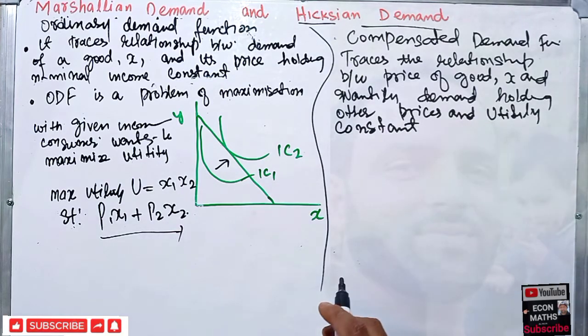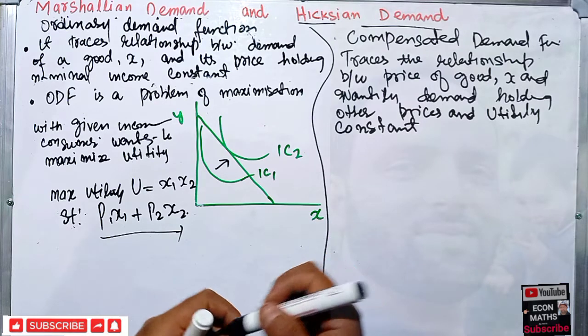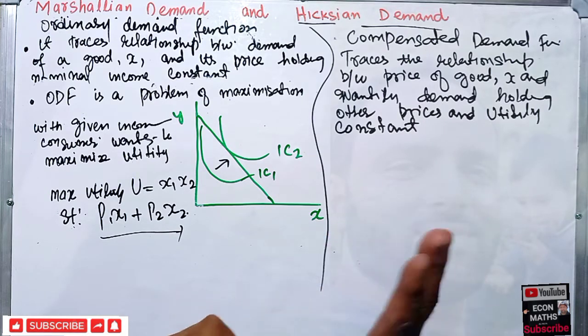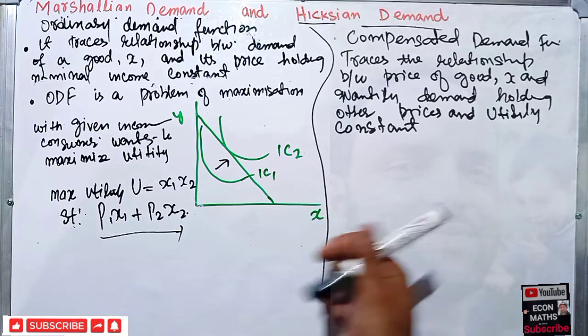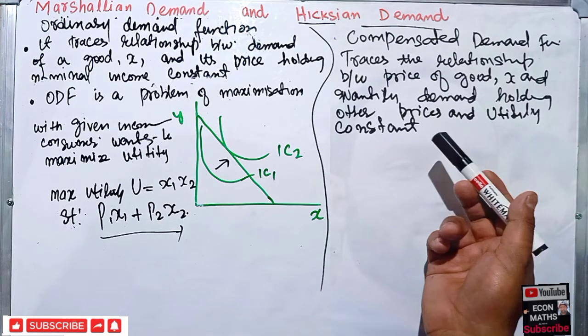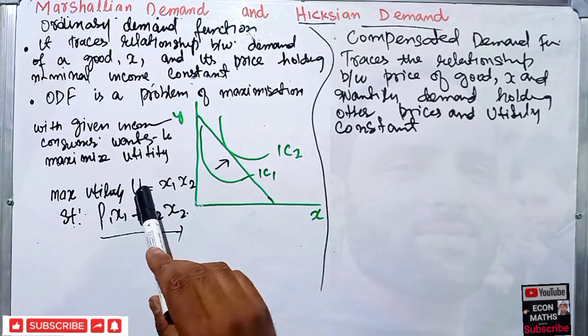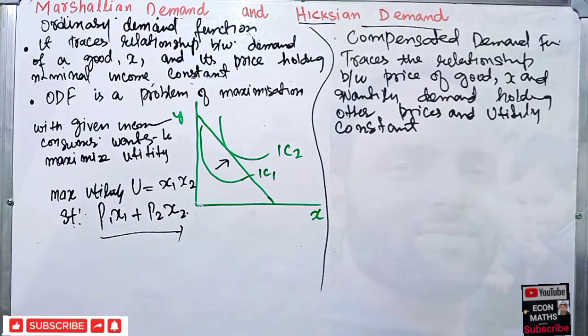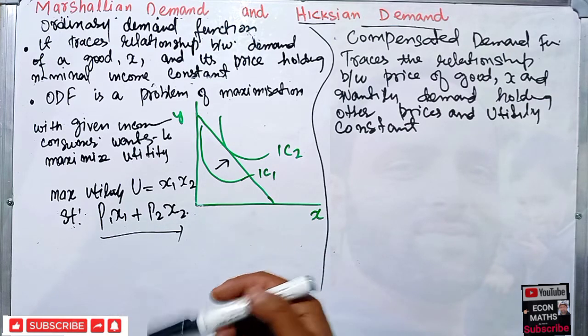Now, what does this mean? The Hicksian demand function, or compensated demand function, simply means we trace the relationship between the price of a good and quantity demanded. In this case, we hold the utility constant. In the Marshallian demand function, we hold the nominal income of the consumer constant, although we allow the real income to vary, as I have told you with an example.